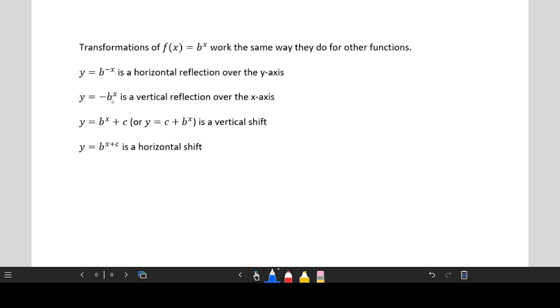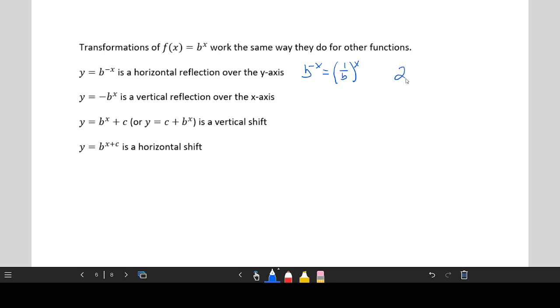So you would do b to the power first and then multiply by -1 if you're plugging in an x value. The horizontal reflection is going to be when it's a negative x instead of a positive x. And we've kind of seen that a little bit already, because b to the negative x is just 1 over b to the x, because a negative exponent means we take the reciprocal.